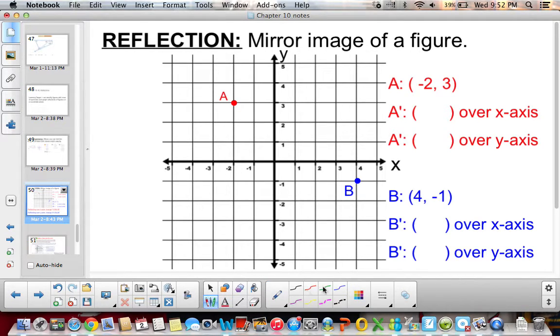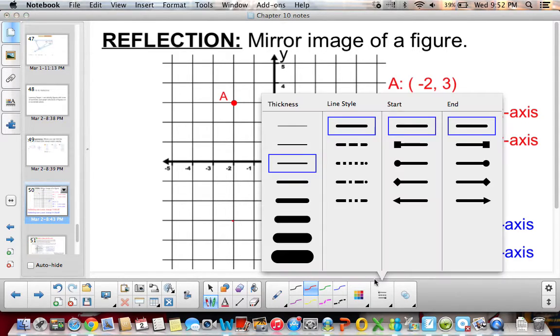So if we look at A, and we want to reflect over the x-axis, so this is x. If we want to reflect A over the x-axis, this point needs to be the same exact distance away from x on this side as it is on the other side. So we can go 1, 2, 3 steps to get to x. That means we have to be 3 steps away from x on the other side. 1, 2, 3.